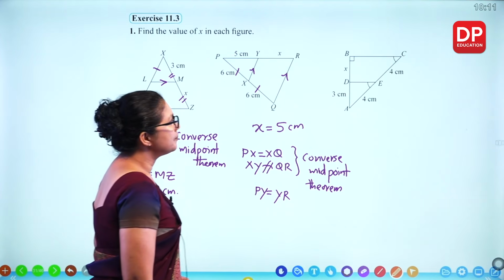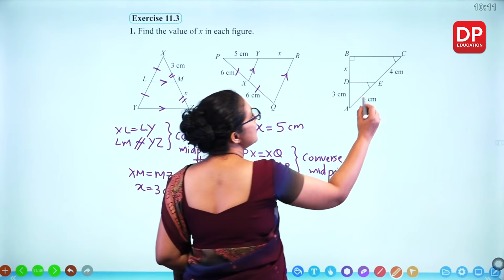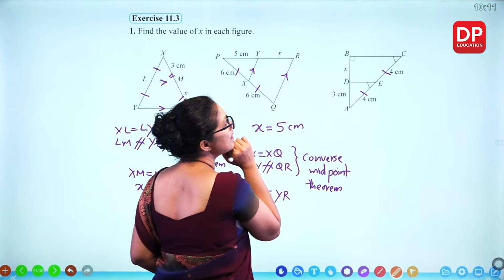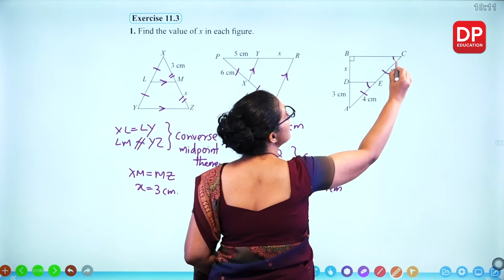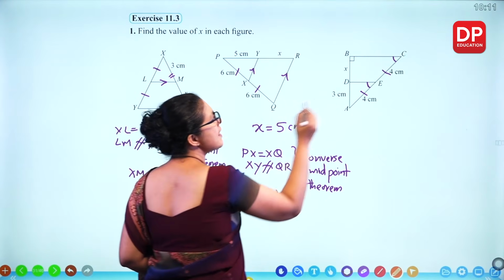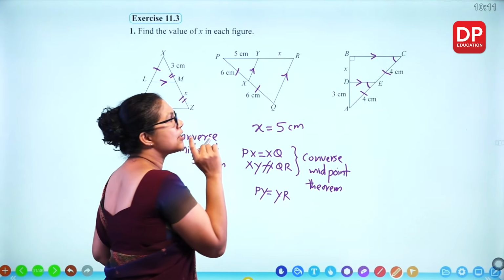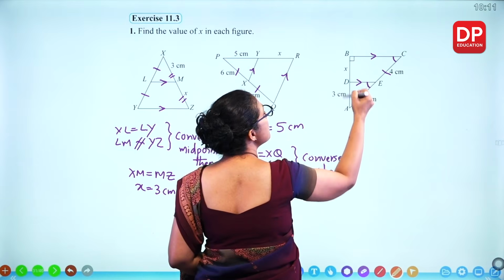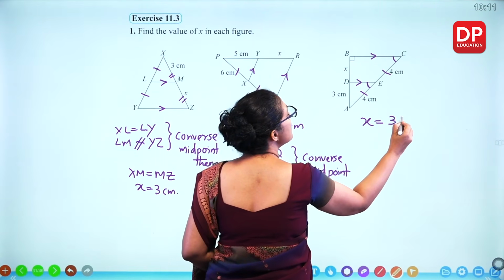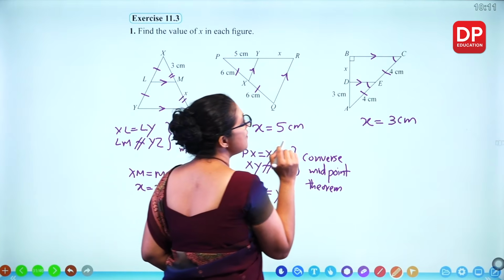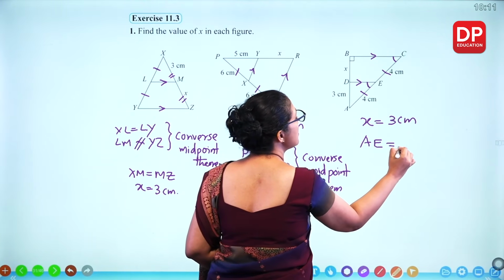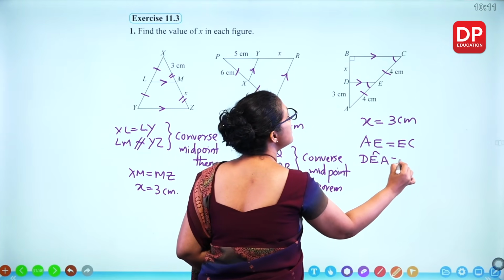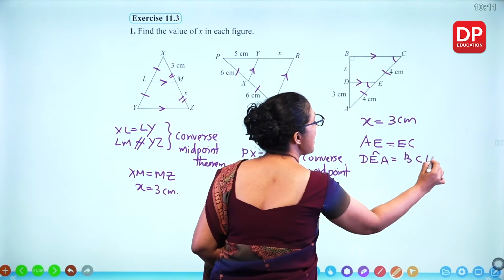Look at the next question. Again, this side is equal to this side, and these two angles are equal. What can you say about the two lines? These two lines are parallel because corresponding angles are equal. So if these two are parallel, that means x equals 3 centimeters. The reason: AE is equal to EC, and angle DEA equals angle BCE.